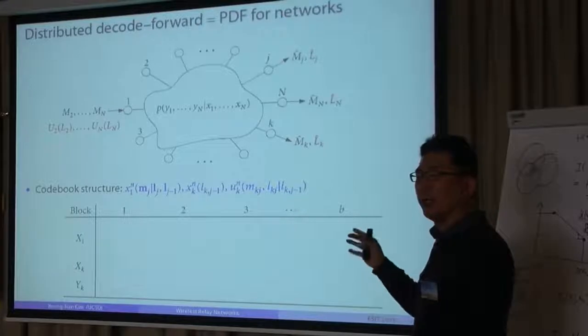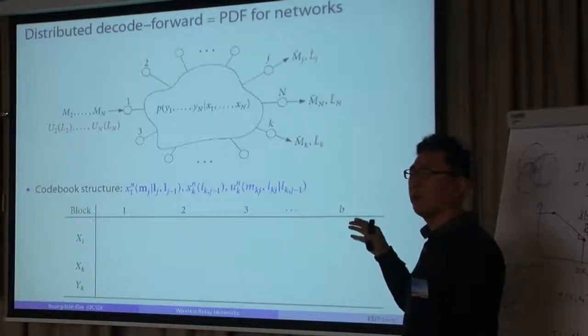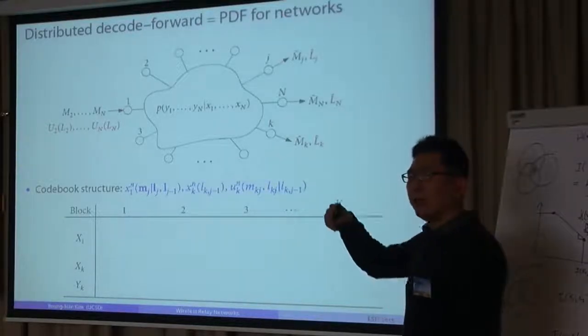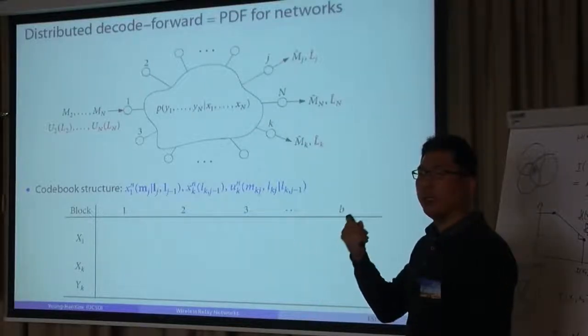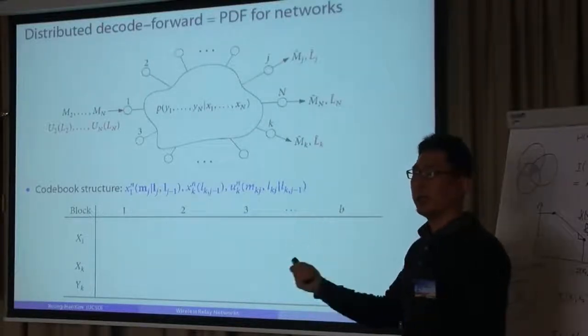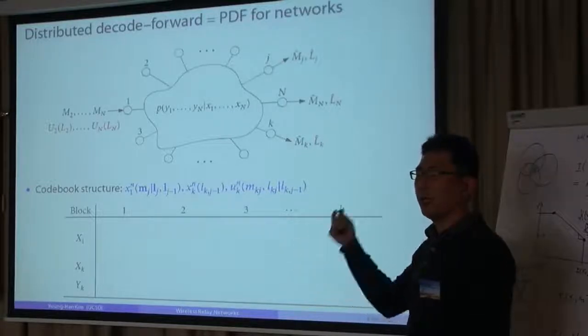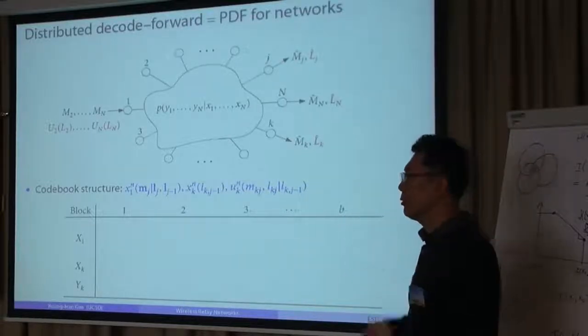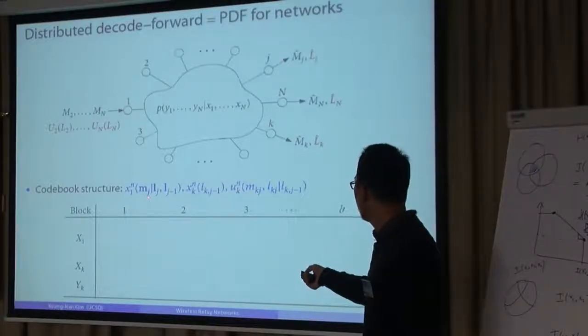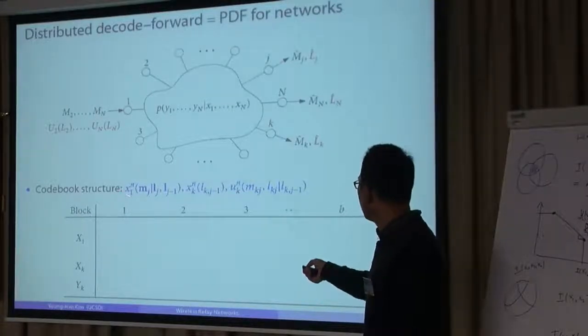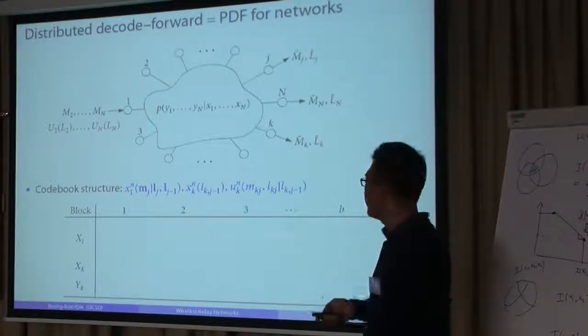Here we fully use the fact that relays are decoding the messages. Therefore, we know exactly what the relay is doing at any given point of time at any place in the network. So we explicitly use that, and that's how we can send the X1 signal that is completely conditioned on everything else.